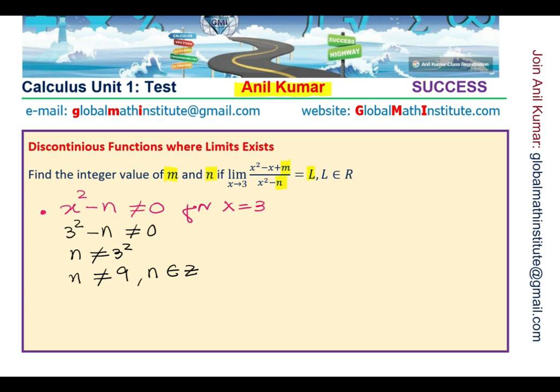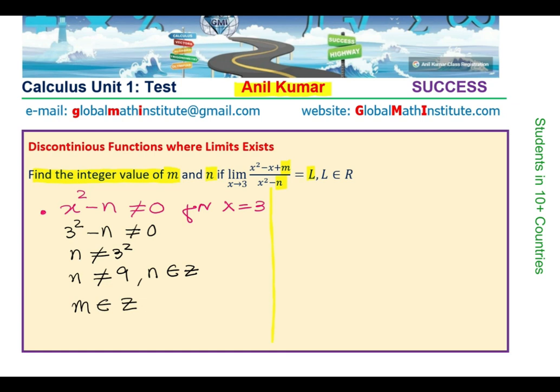In that case, the denominator will not be 0, so the limit will, of course, exist. So in this case, n is not equal to 9, but m has no restrictions. M belongs to the set of integers because we need to find the integer values of m and n. So that is our case 1.